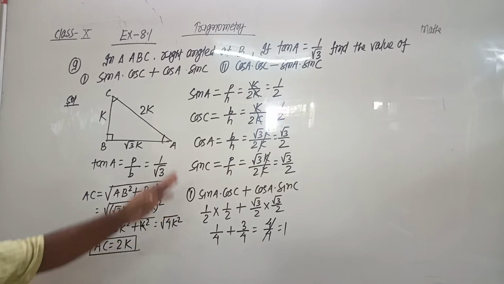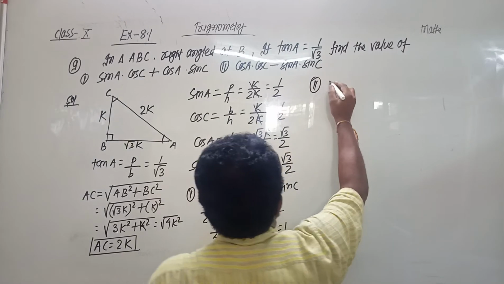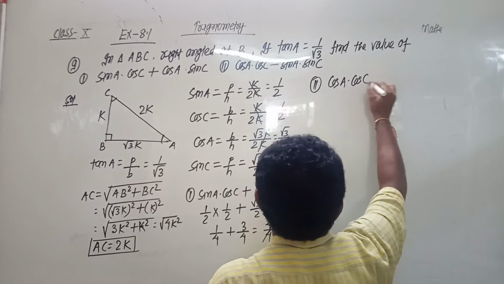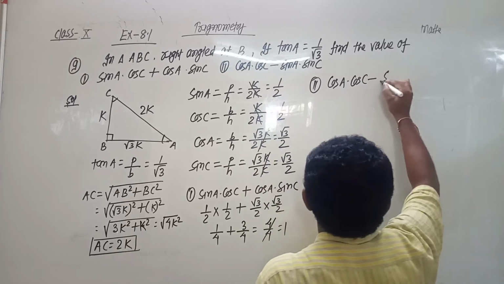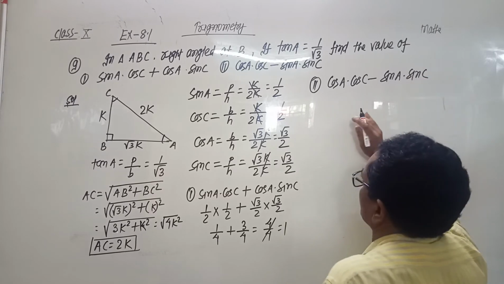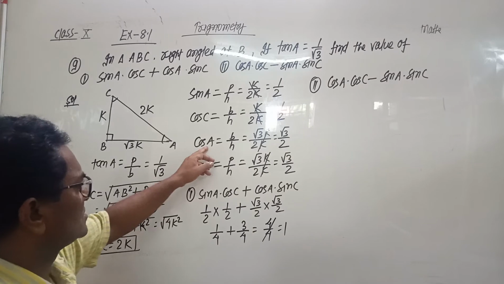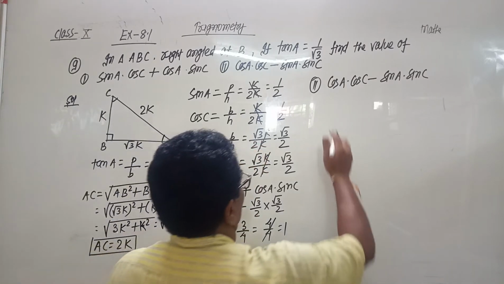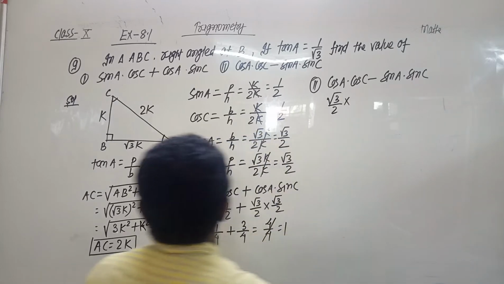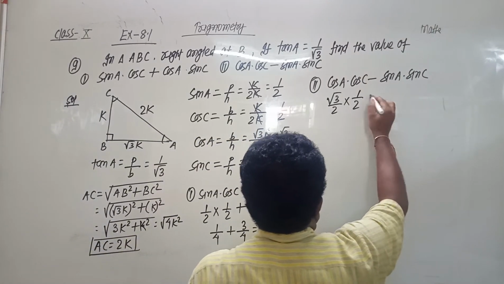Now for the second part, there is cos A into cos C minus sin A into sin C. The value of cos A is root 3 by 2, the value of cos C is 1 by 2, so root 3 by 2 into 1 by 2.